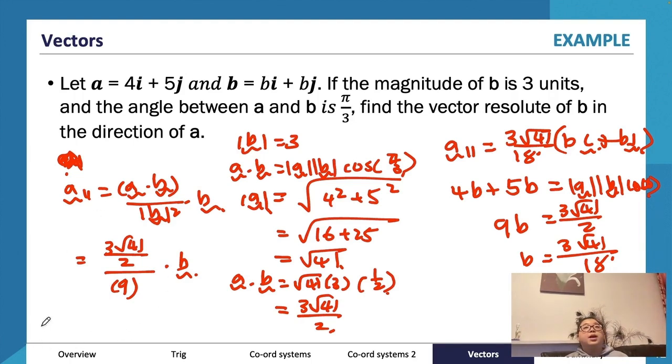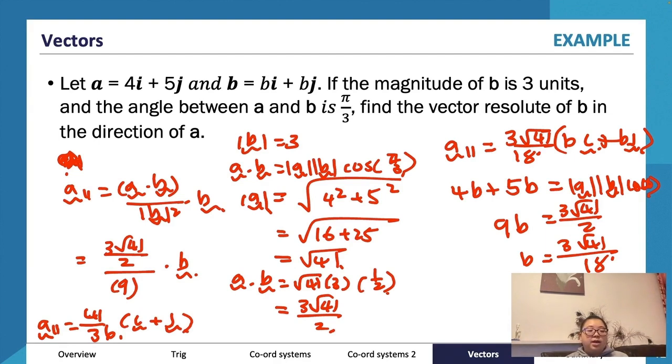So we'll get that A parallel will equal root 41 times 3 root 41, which we worked out to be 41 on 36. And then we can put that into that bit as well. So we'll get that this is just i plus j.